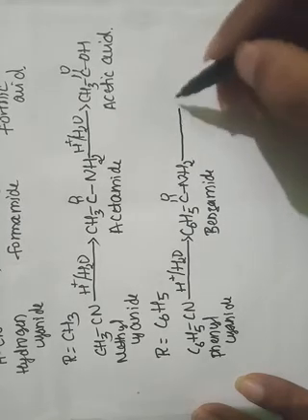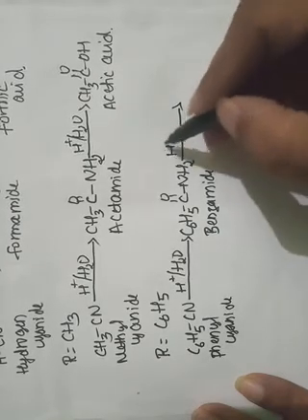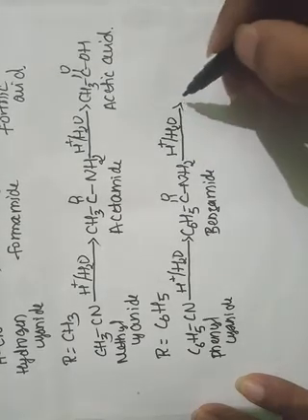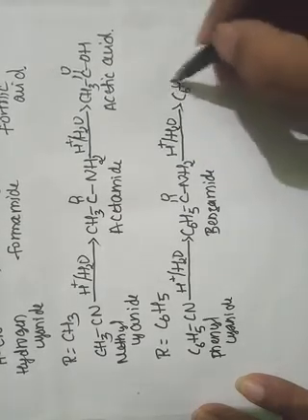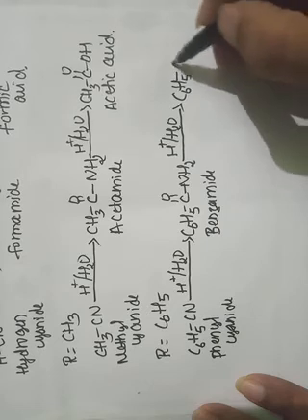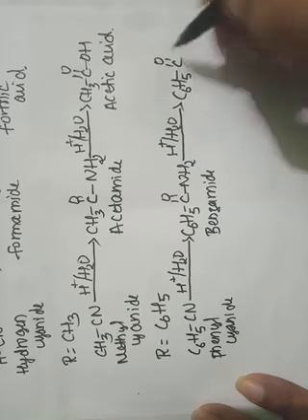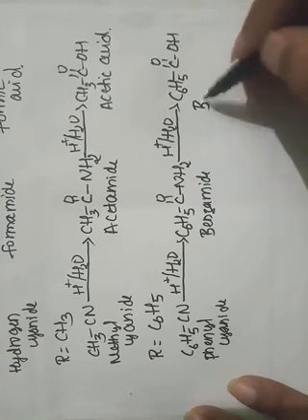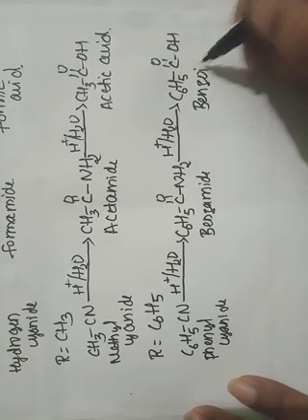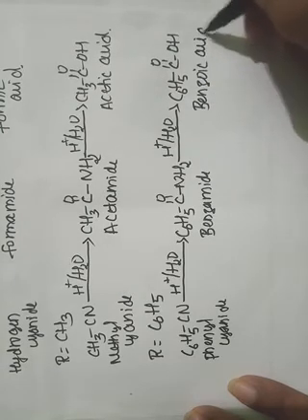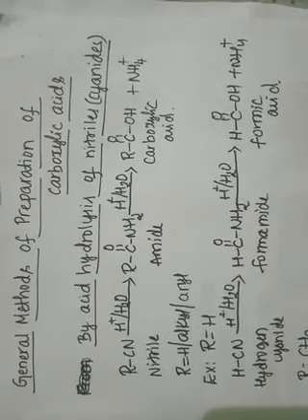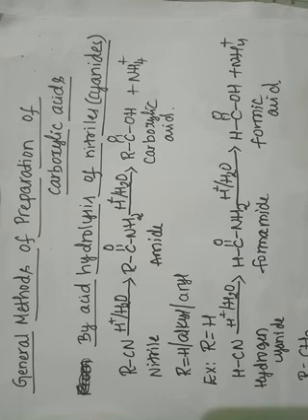When this benzamide is subjected to further acid hydrolysis, it will form a carboxylic acid, that is C6H5COOH. So this is benzoic acid. So these are examples of the general method of preparation of carboxylic acids.